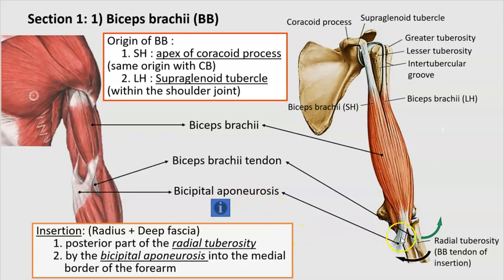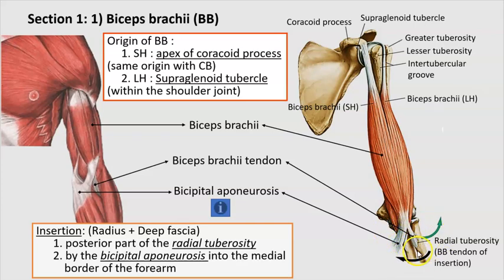And then its insertion. Dia ada 2 heads, dia ada 2 juga insertions. One is at the radial tuberosity of the radius, the posterior part of the radial tuberosity. You have to remember its location is posterior. If you can see, this is the radius, this is the ulna, meaning here is medial, here is lateral.